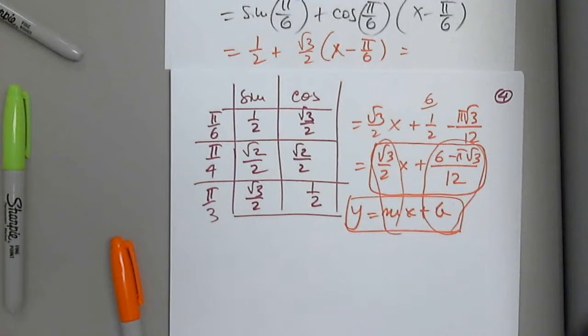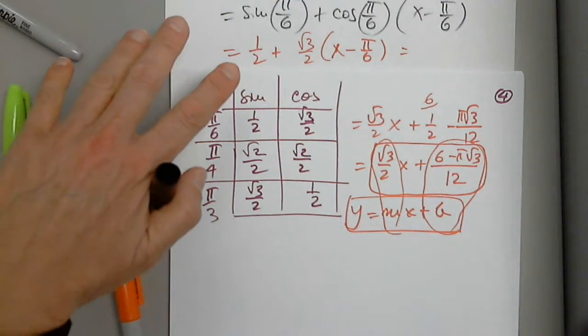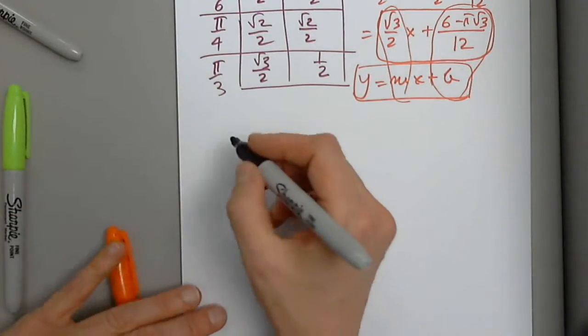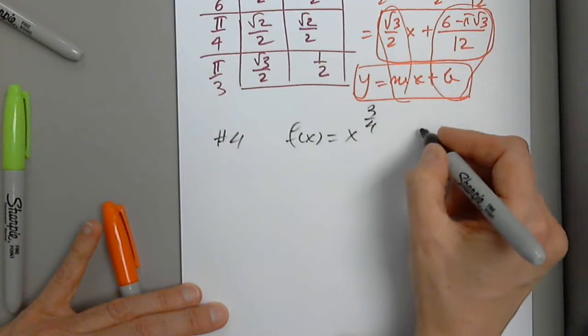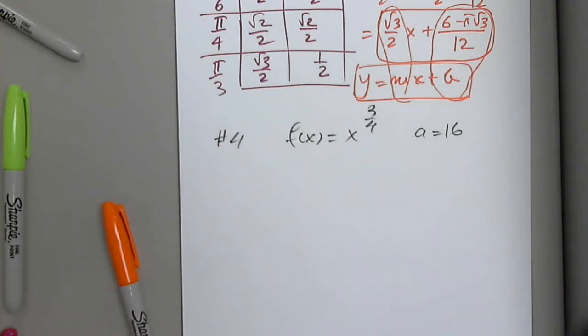We need another example for the linearization. Okay, so let's look at, let's say, for f of x equals x to 3/4 at a equals 16.